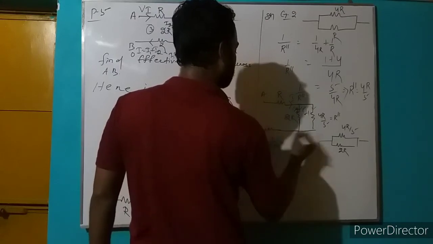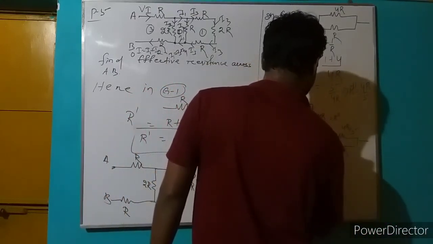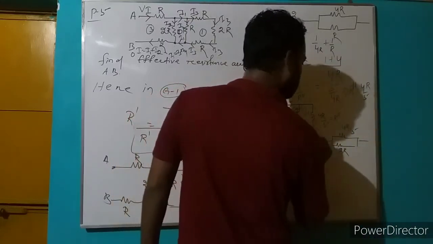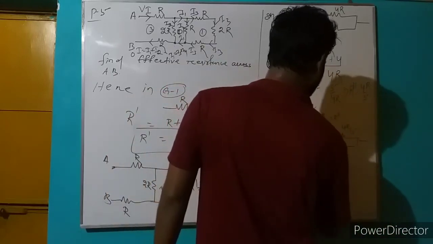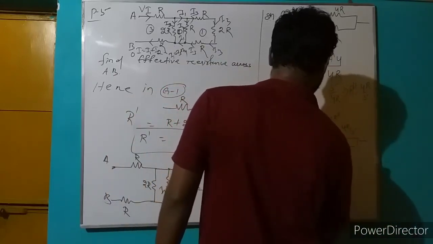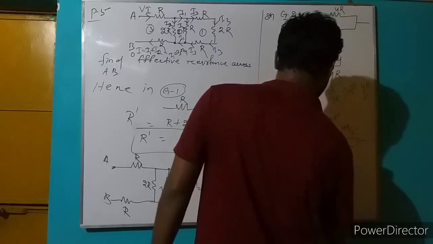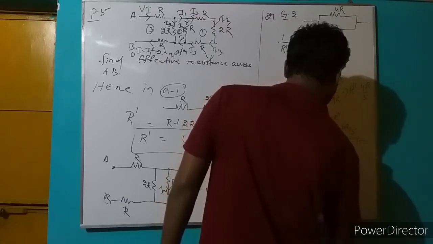R triple prime equals 1 by R double prime plus 1 by 2R, which is 1 by 4R by 5 plus 1 by 2R.